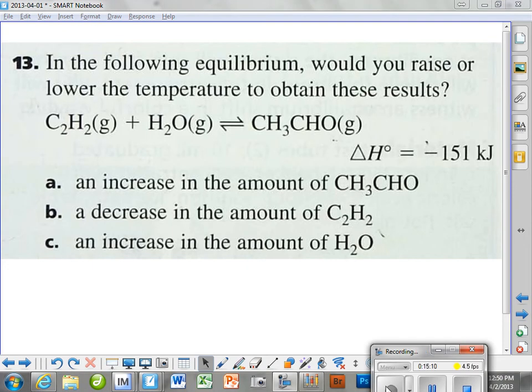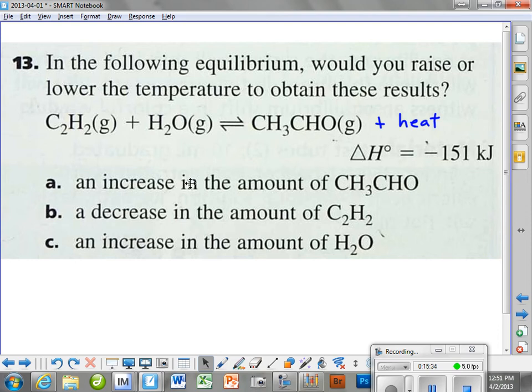So here's how it's actually written in our textbook, and you can see that delta H is a negative number, and because it is negative, that means that we are going to put heat here on the right side, because that is an exothermic reaction, and with exothermic reactions, heat is always on the right.